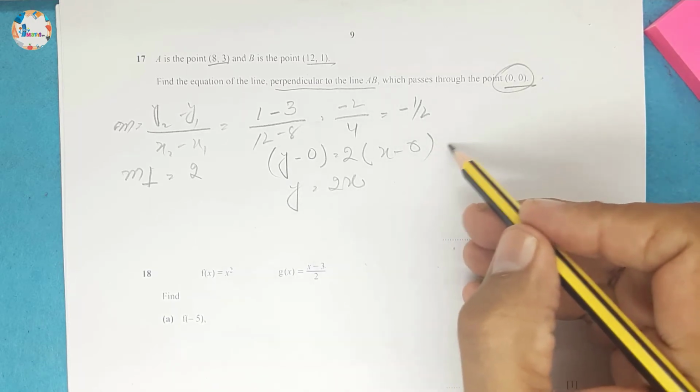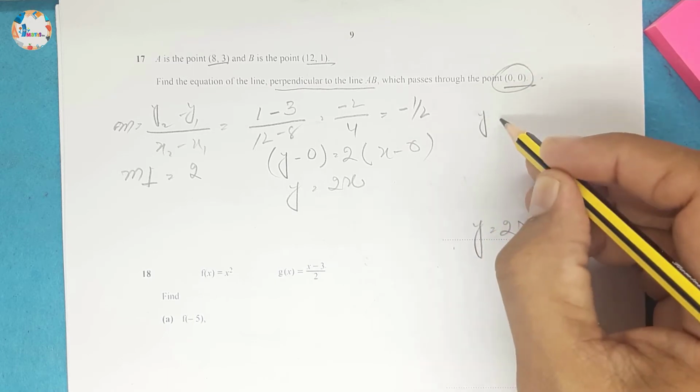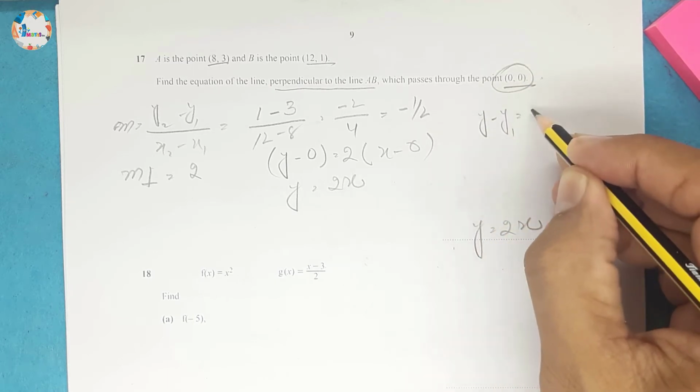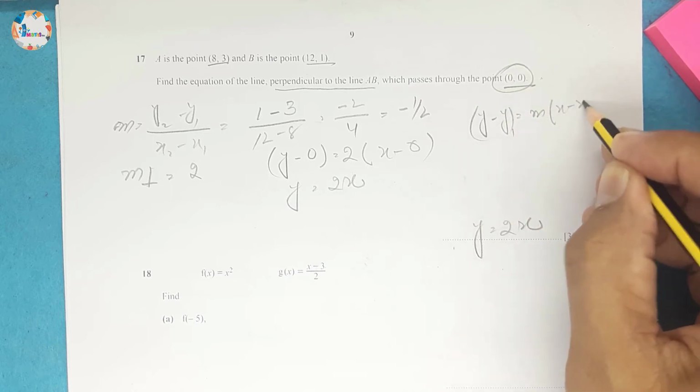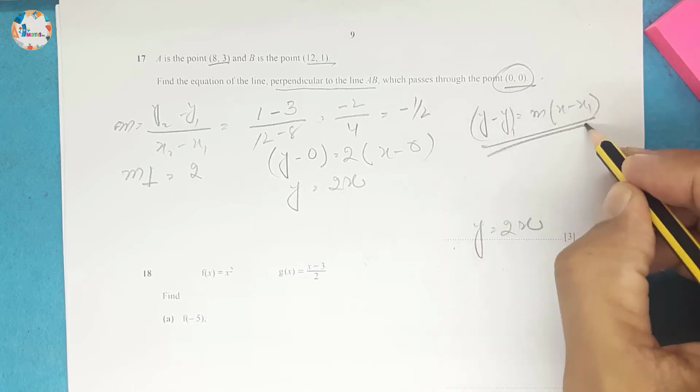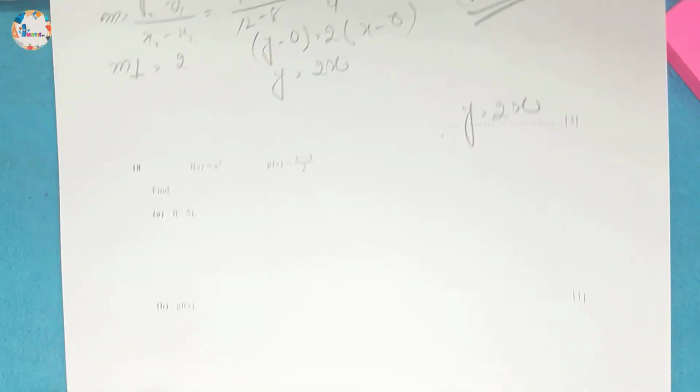This is basically the equation of a line in point slope form, and if I write it for you, y minus y1 is equal to m into x minus x1. This is basically the direct equation which you can use in case slope is given and a point is given.